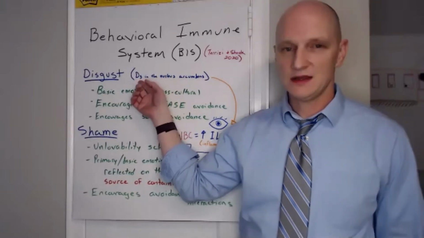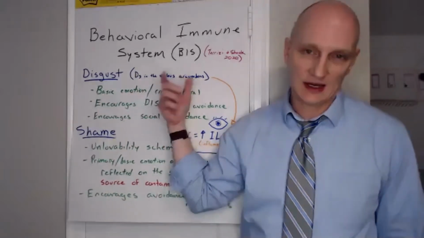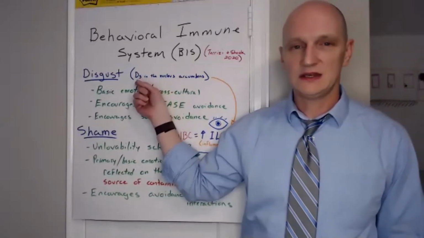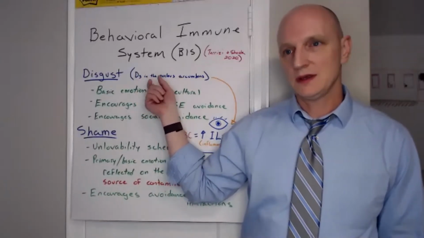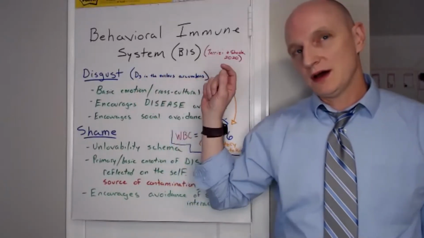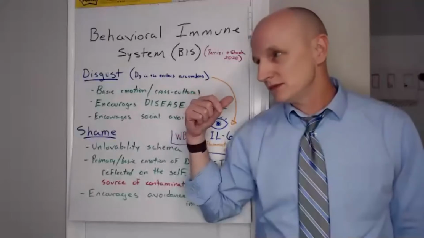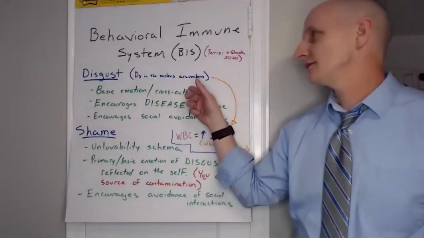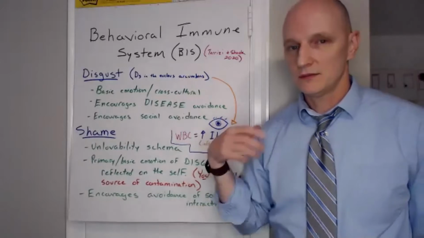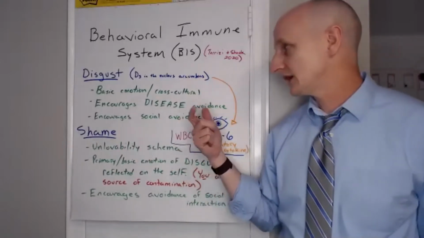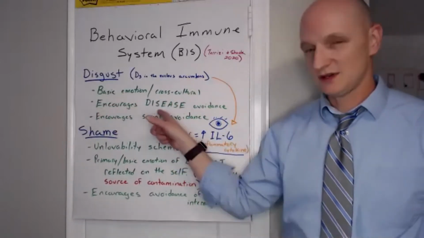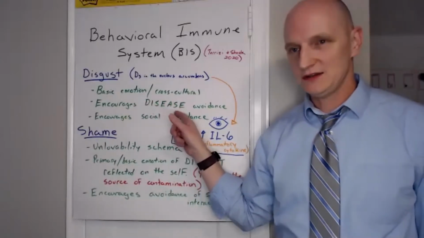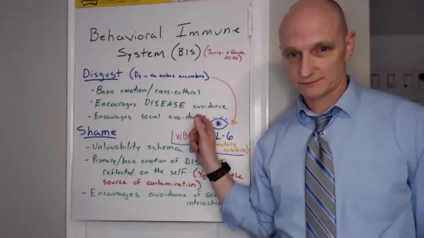Aversion occurs at D3 in the nucleus accumbens. I think that's interesting because cocaine hits on D2. So cocaine makes you happy, and disgust causes aversion. Weird.